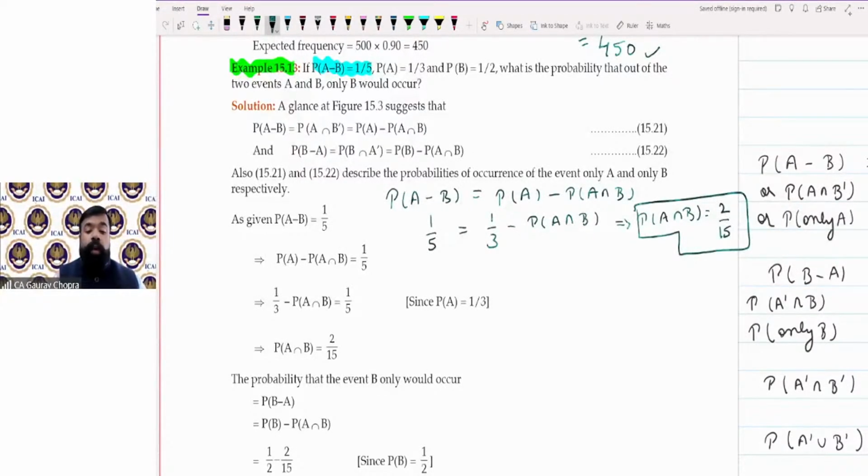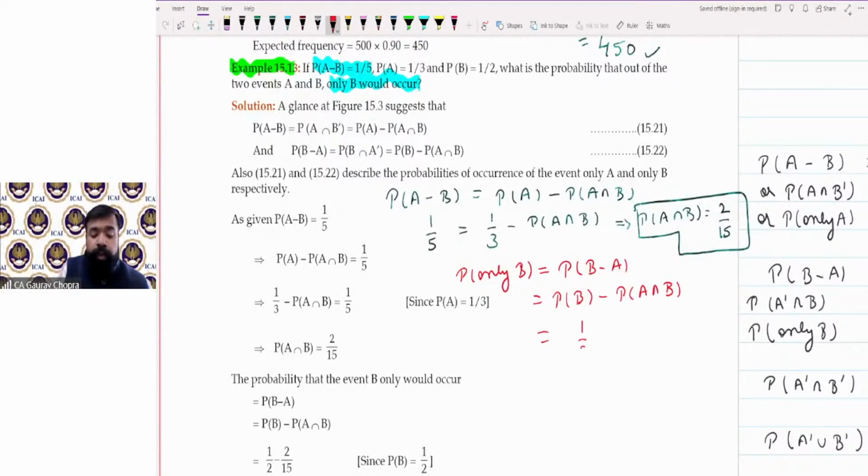But this is not the required answer, because what is the requirement? The requirement is only B would occur. The question is asking us to find out probability of only B. So only B means probability of B minus A. From B, we have to subtract the common portion, that is A intersection B. So PB is 1 by 2, and then the common portion is 2 by 15.